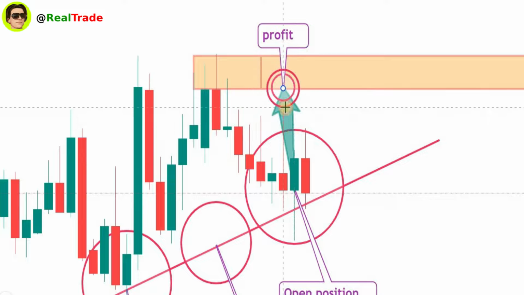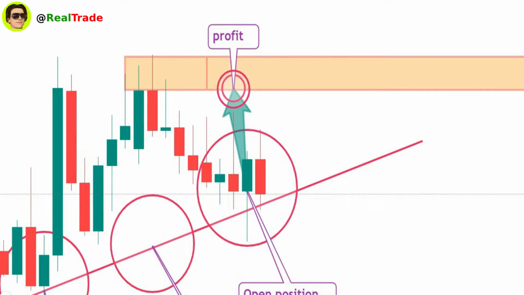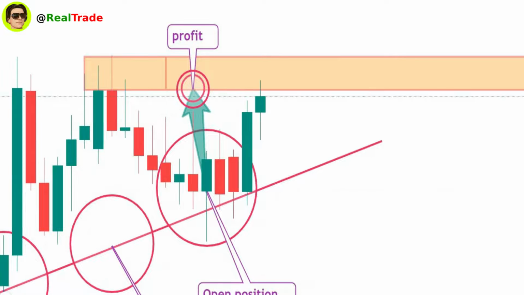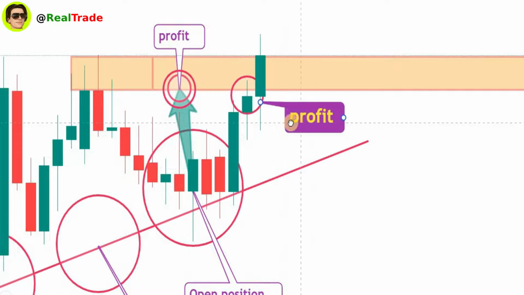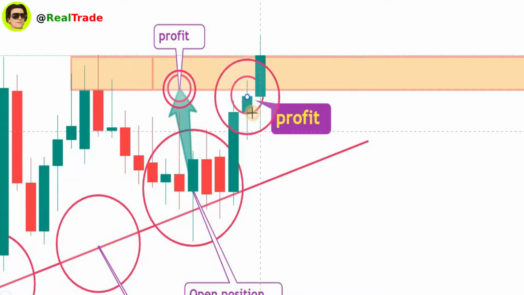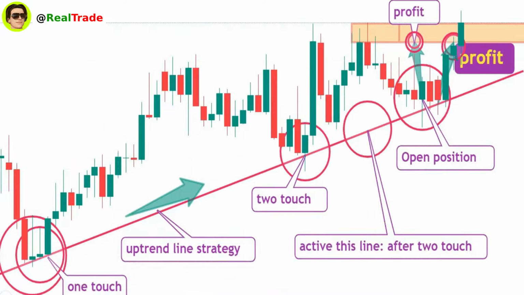Profit, take a profit, TP. Look at the candle, yes, take a profit. This candle, take a profit. Yes, the best position. Uptrend line strategy, take a profit. Three touch, I open position and take a profit.